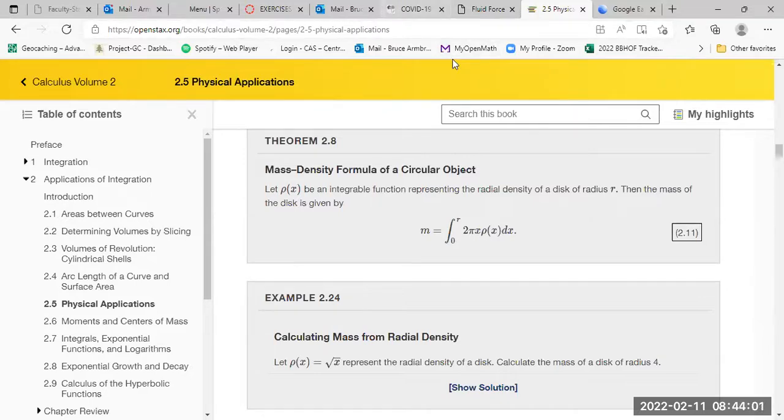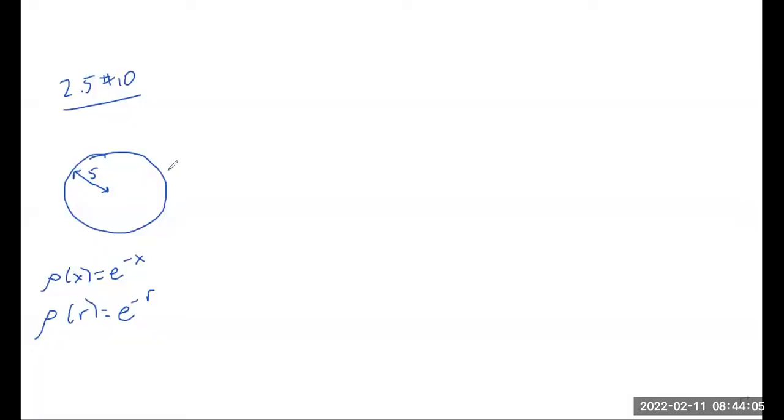Okay, let's go back to the whiteboard and actually get this set up. So if we use their formula, the way they've got it written, we'll leave it as rho of x, but basically all this is saying is that, like, that's our x-axis, it's just radial. Our mass is going to be the integral from 0 to 5, because we've got a radius 5 disk.